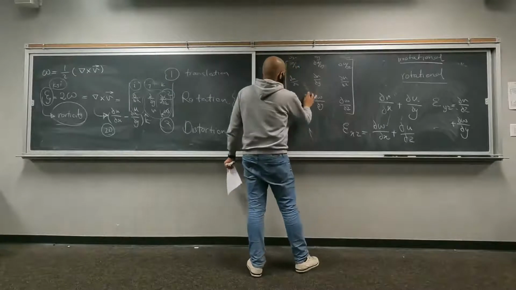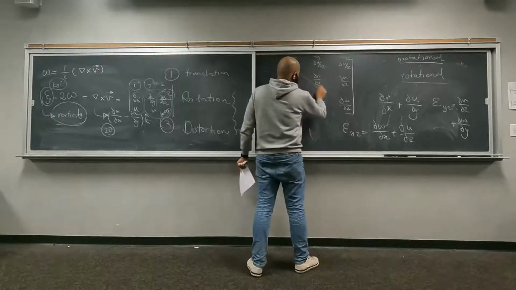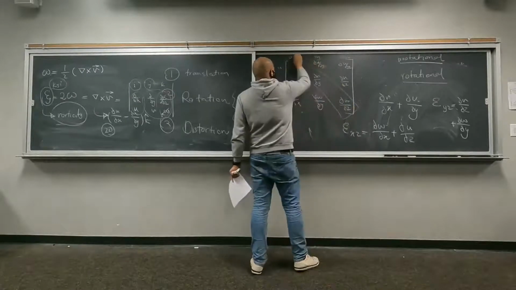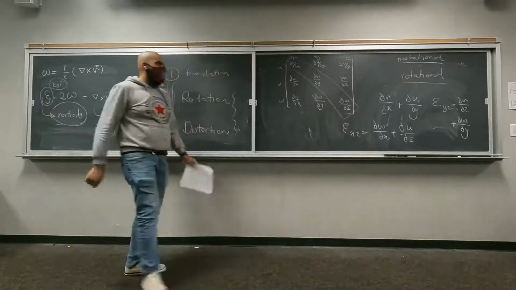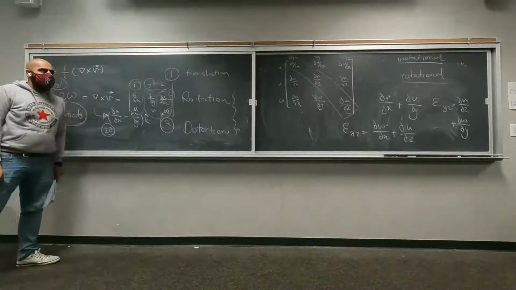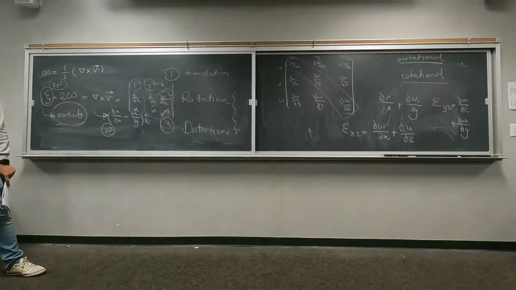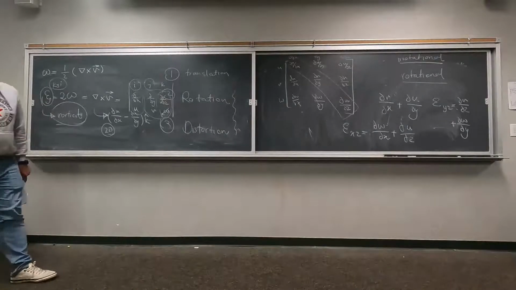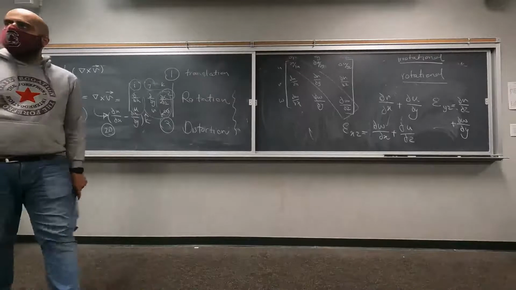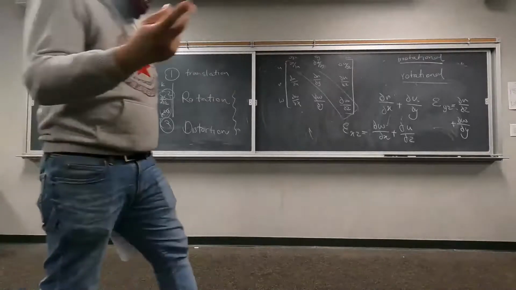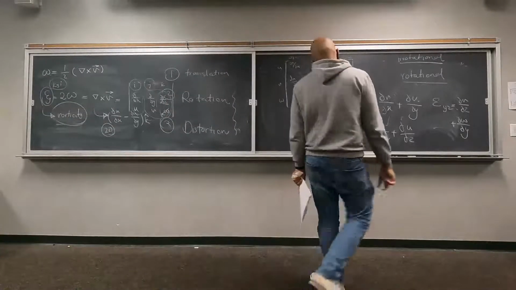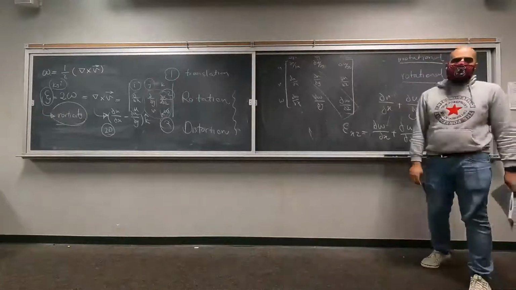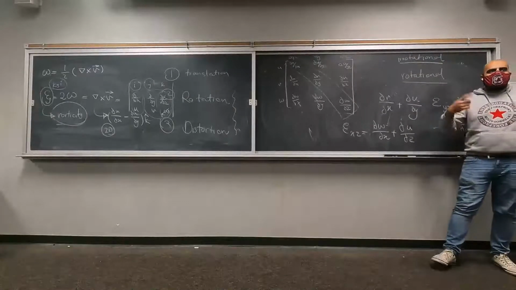What can you say about these diagonal terms? What is the significance of these terms? Unidirectional. Okay, that's a good point. So what does it signify? Go back to the equation.